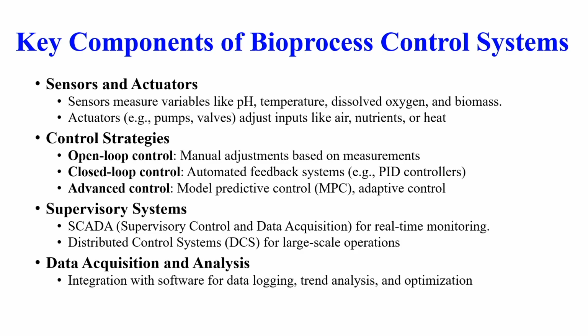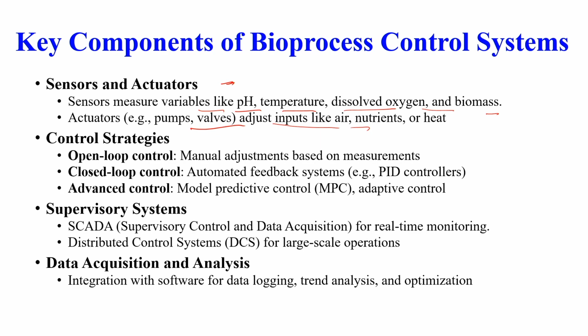So, now we can see what the key components of a bioprocess control system are. There are sensors and actuators. The sensor measures the process variable like pH, temperature, dissolved oxygen or even biomass. And the actuator adjusts the inputs like air, nutrients and heat.